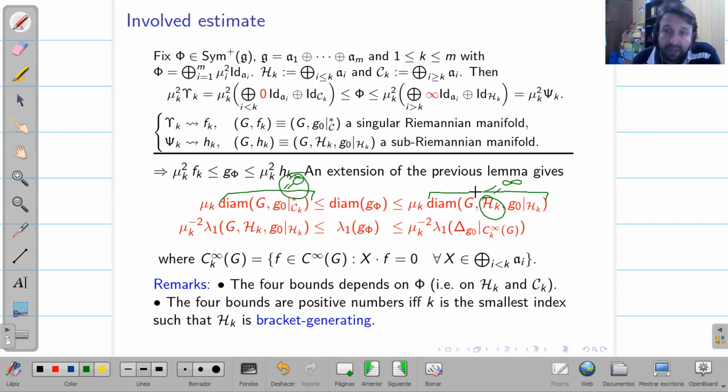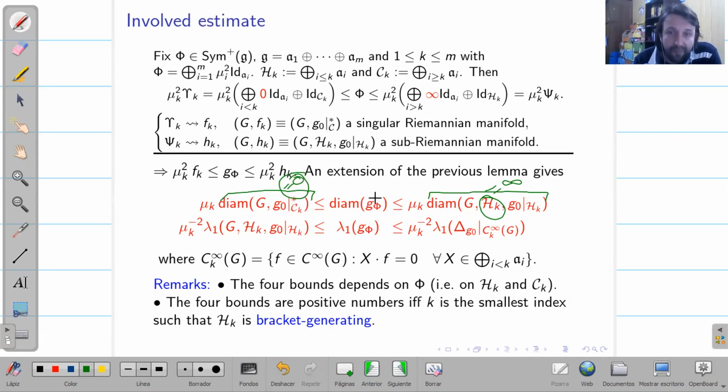And the interesting point is that, remember, this is a positive number when k is m, and this is a positive number when k is 1. At some point, k is smaller than m. At some point, it becomes 0, infinity. And here, at some point, it becomes 0 when k is too large.